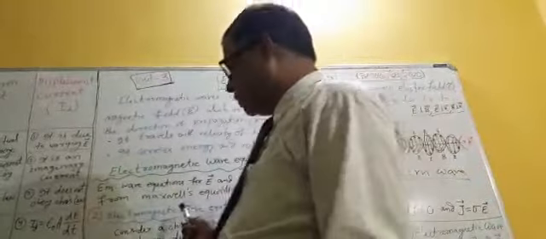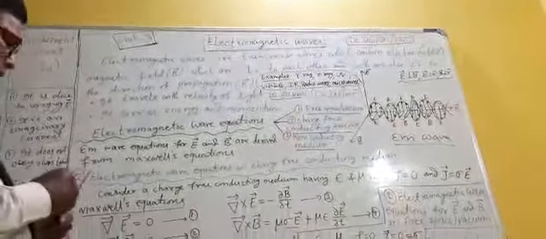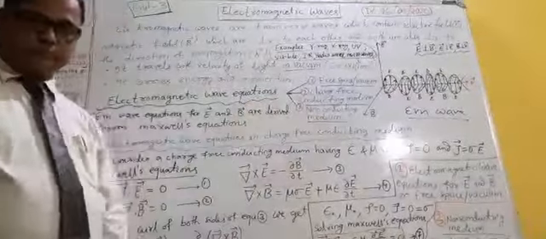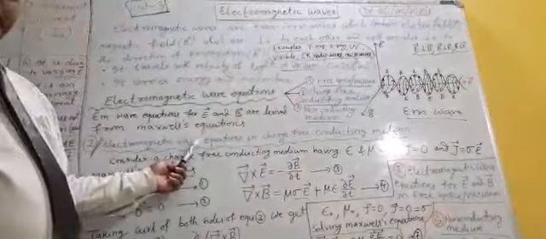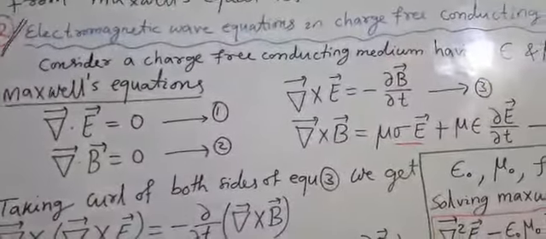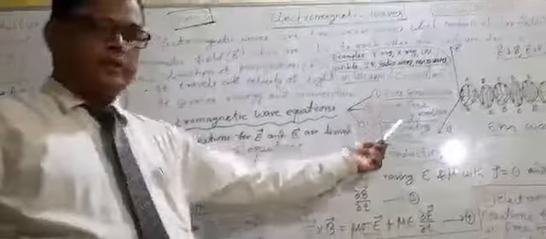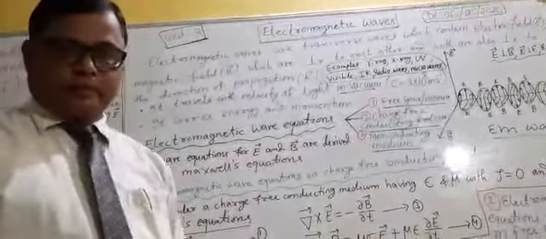So come to the second case discussion, electromagnetic wave equations in charge free conductive medium. If you only practice this one, then you can easily find other two cases. So in all cases you will take the help of Maxwell's equations, and individual case has conditions of the medium.